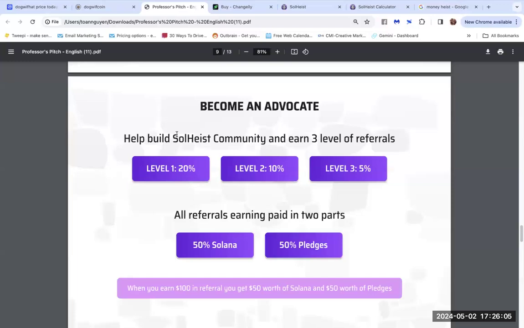I make a pledge, whatever amount, okay? The minimum is 100 USD worth of Solana. When I do that, and you introduced it to me, you make a 20% bonus. Now, if I turn around and share it with my friend, Robert, then you would make a 10% bonus. And then if Robert refers Linda, you would get a 5% bonus.